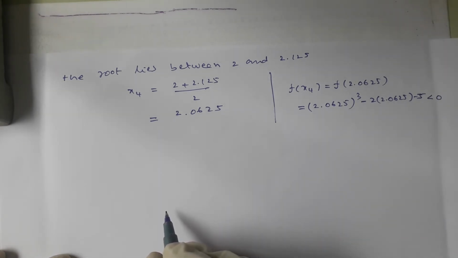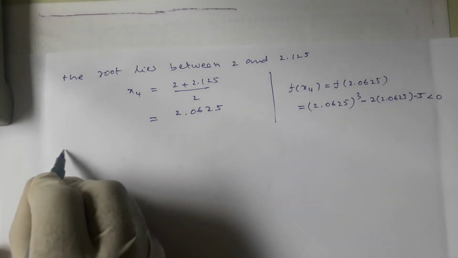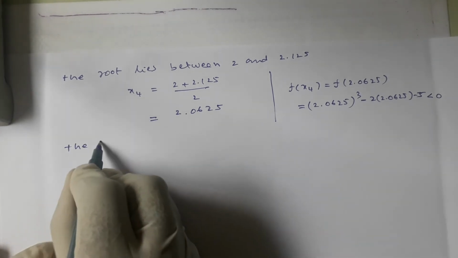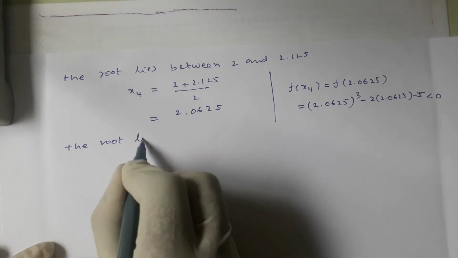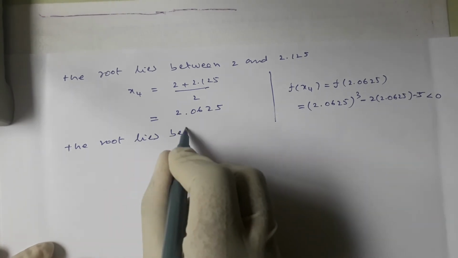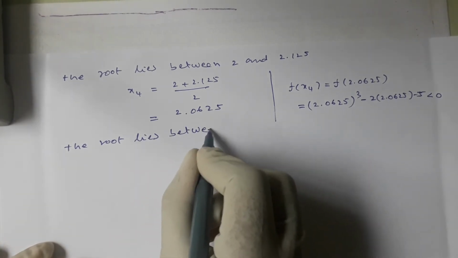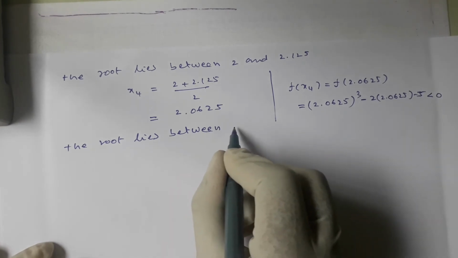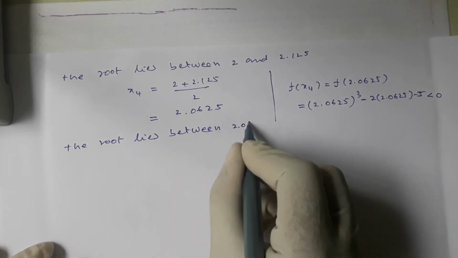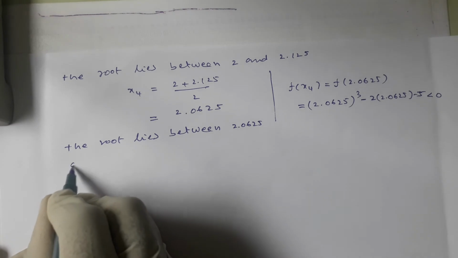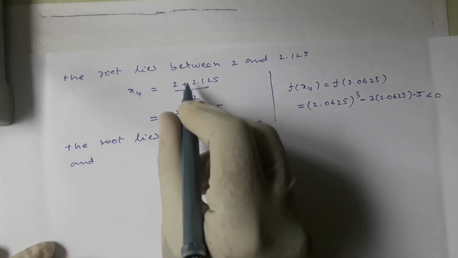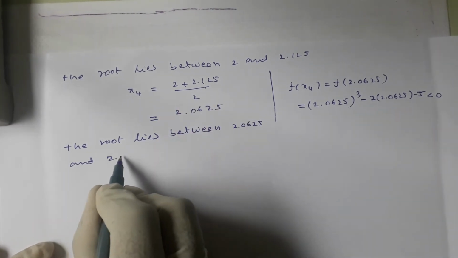As it is less than 0, the root lies between 2.0625 and its right side value, which is 2.125.